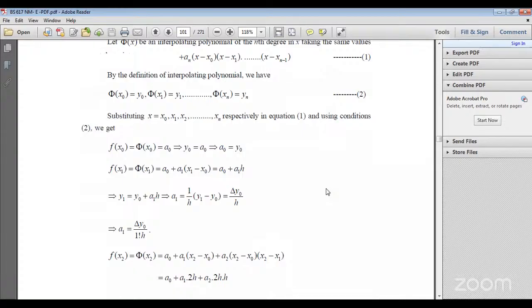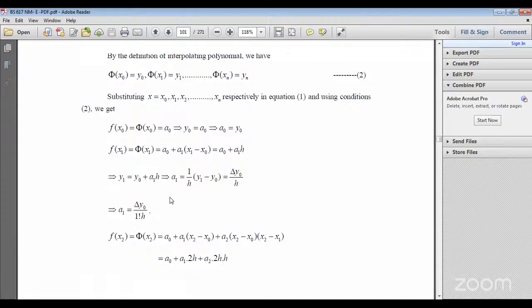So y0 is equal to a0. Then phi of x1 is equal to a0 plus a1 times (x1 minus x0), which is a0 plus a1h.